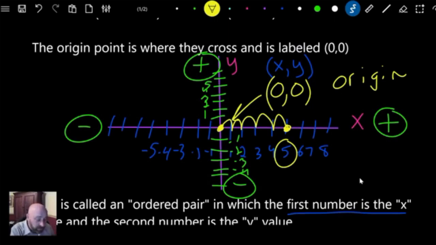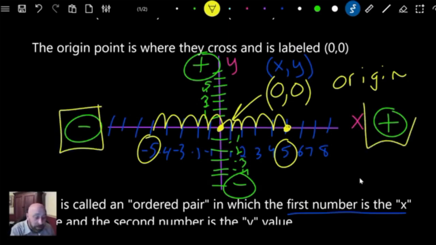Now check this out. I could be 5 spaces away from 0, but going the other way. 1, 2, 3, 4, 5. So now I'm -5 spaces from 0 because I'm going to the negative side, the left side. This would be positive to the right, left would be negative. Same thing with up and down. If I'm up here, I'm 5 spaces away from 0. If I'm down here, I'm -5 spaces away from 0.